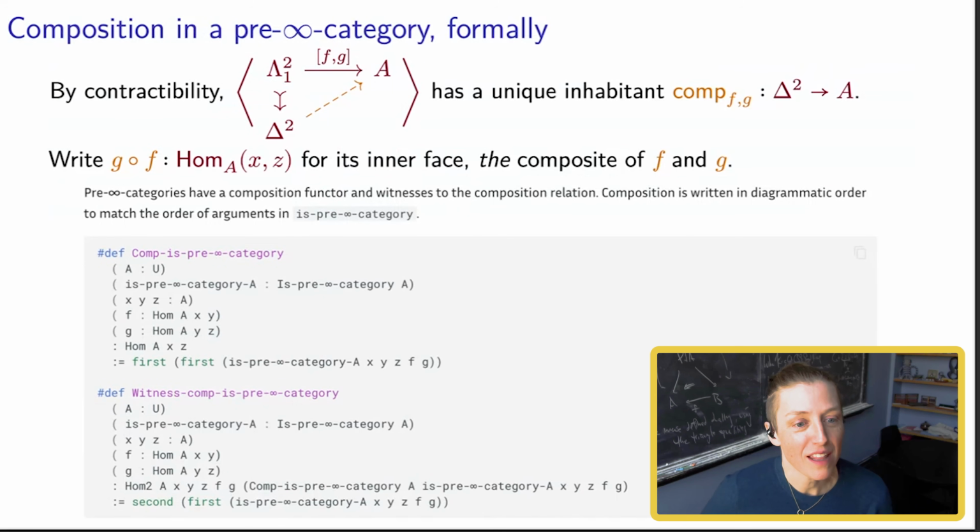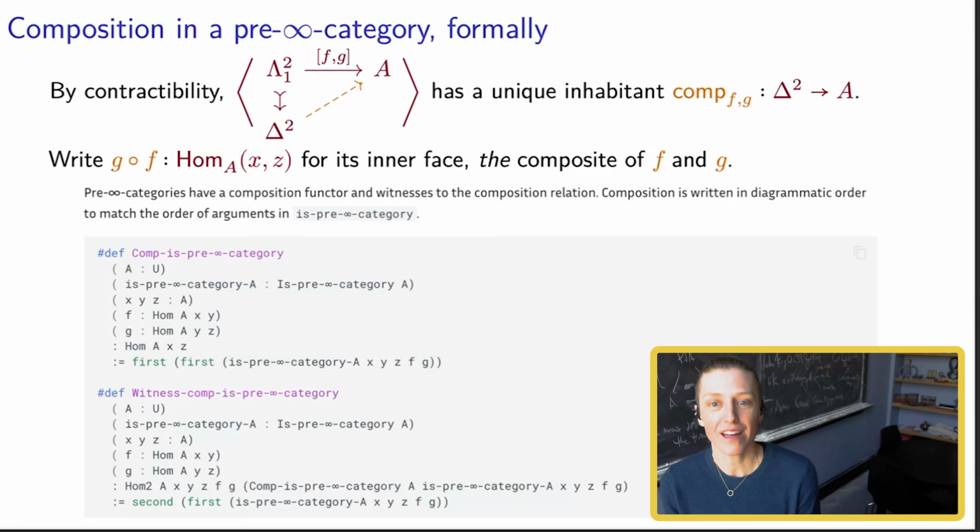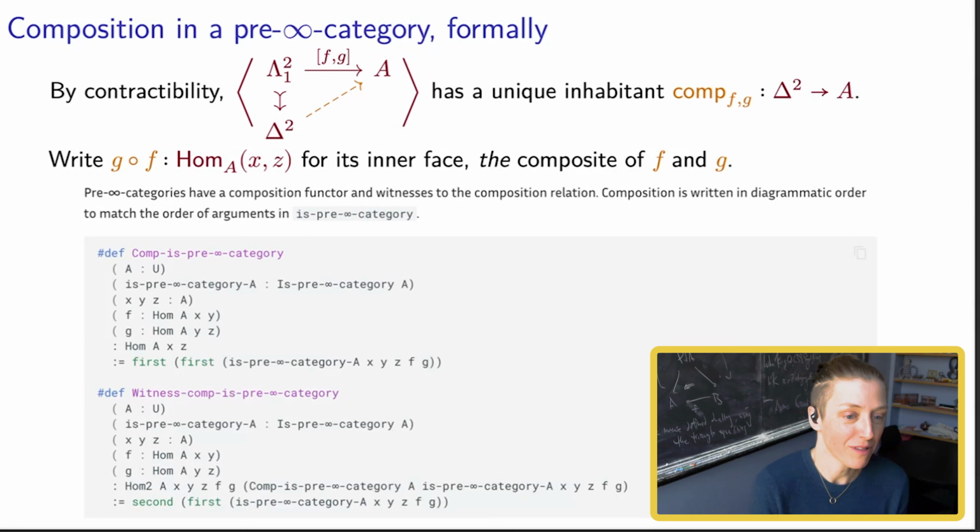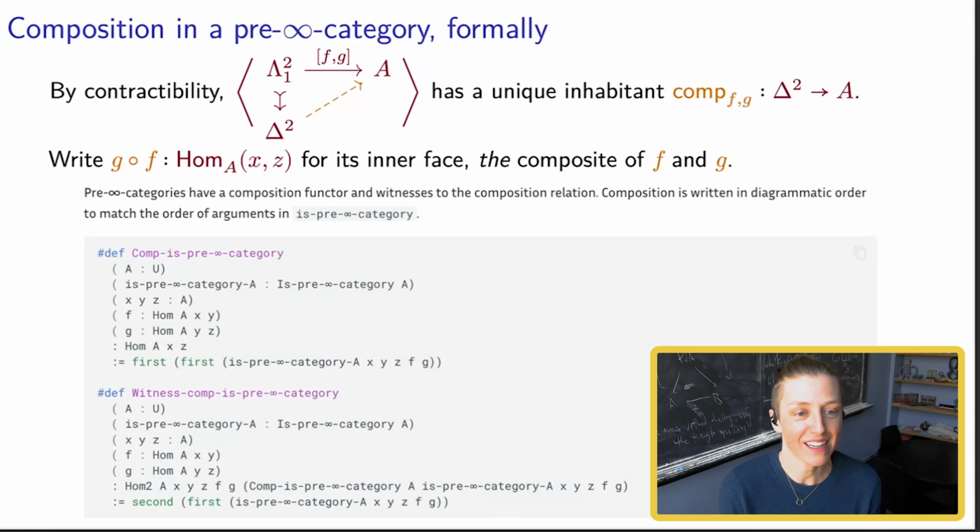I mentioned that under the hypothesis that A is a pre-infinity category, I get a composition function and also a witness to the composition. And here are the constructions of those. This is extracted from the data of the proof, or the hypothesis, that A is a pre-infinity category.